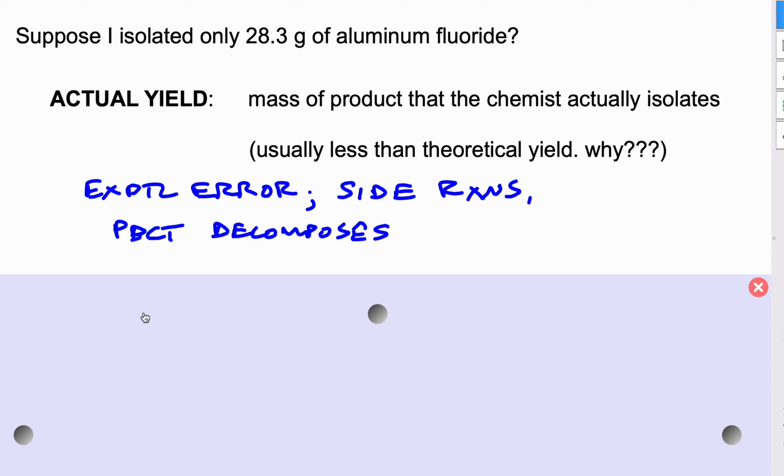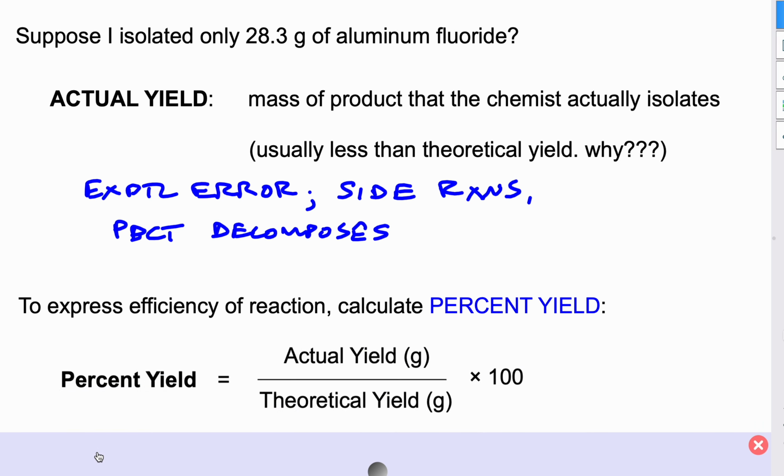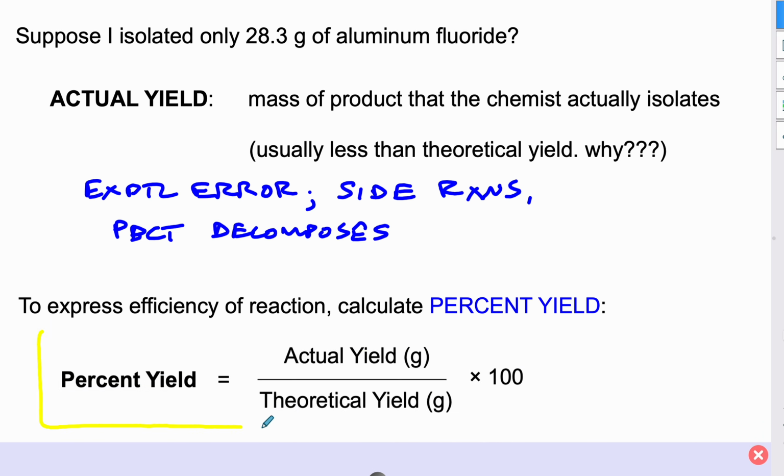In any case, we're going to express the efficiency of the reaction by calculating what's called the percent yield. The percent yield of a reaction is not the same as the percent error in a measurement. The definition of percent yield is the actual yield divided by the theoretical yield times 100. So it's what you actually got in the laboratory expressed as a percentage of what you should have gotten based on your stoichiometric calculation.